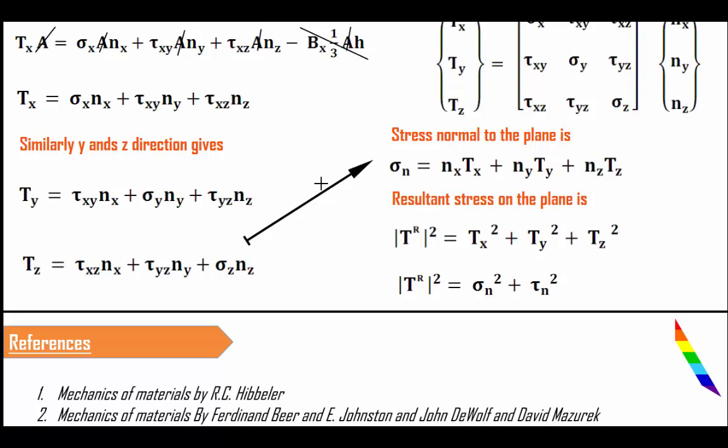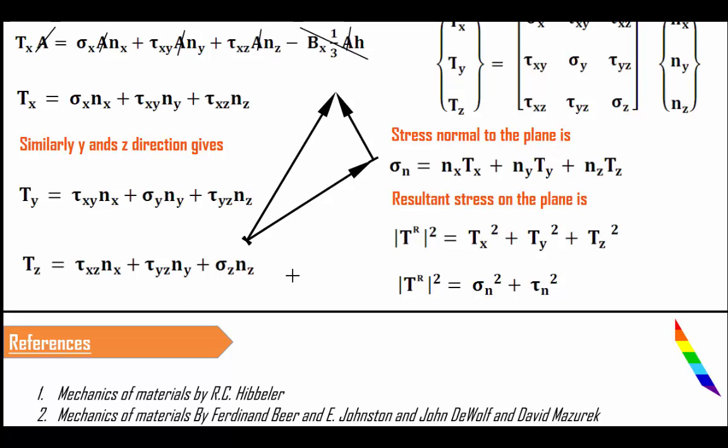And we have the shear stress acting on that plane, which is tau n. Definitely this tau n and sigma n are mutually perpendicular. So when we represent it by a vector, this is the shear stress, and this has to be the resultant.